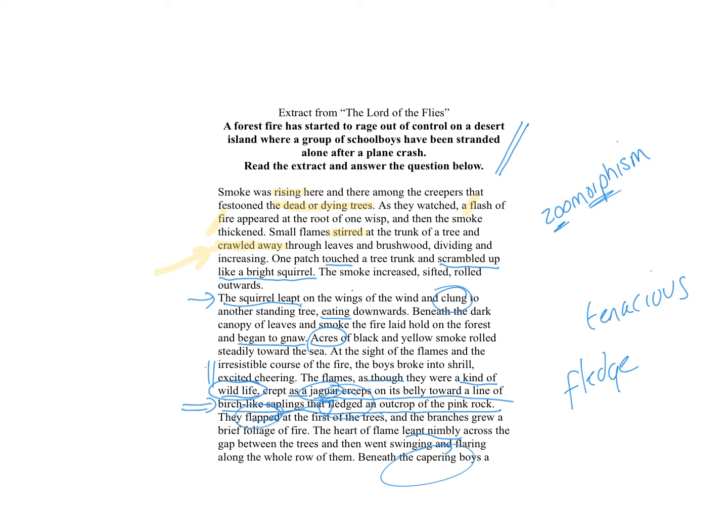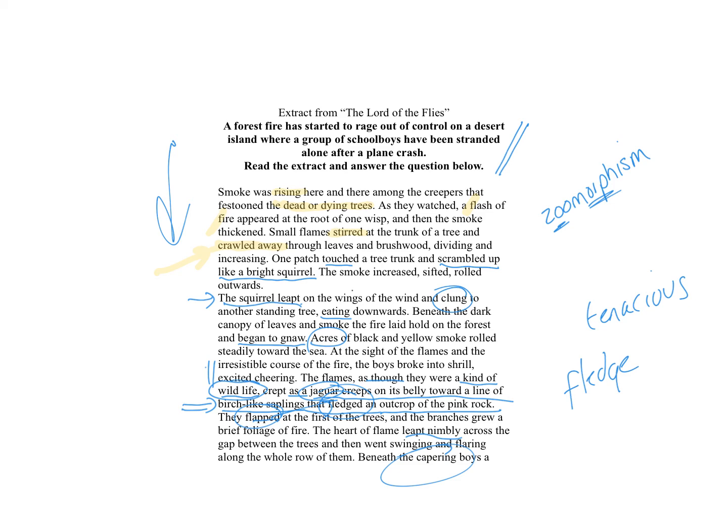The fire is presented as destroying innocence. Okay, these are all ideas you could use as topic sentences. And rather than just going through the extract chronologically, you could group those ideas to see how they develop.